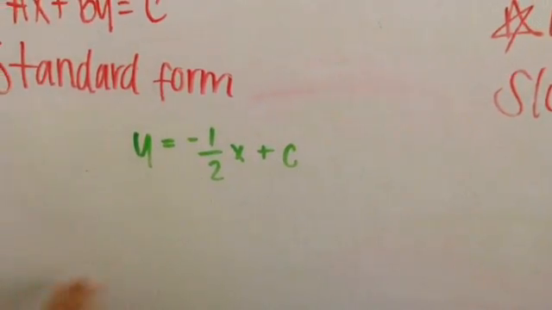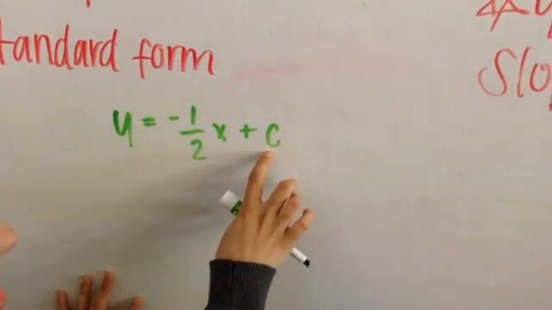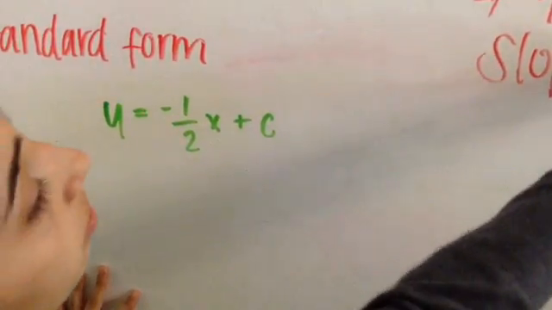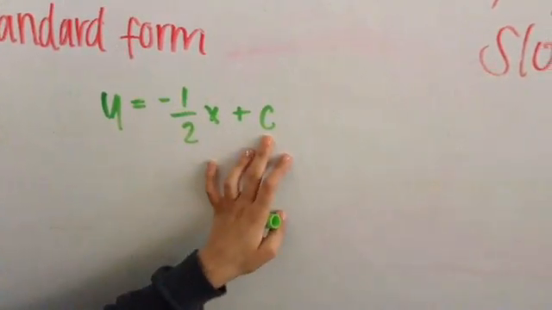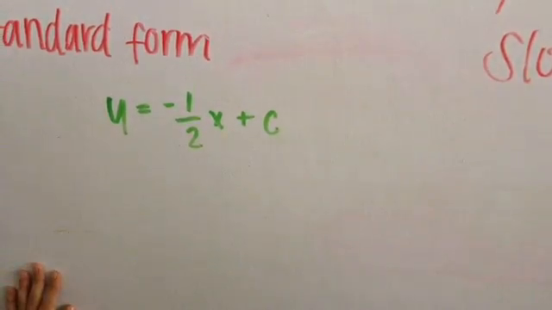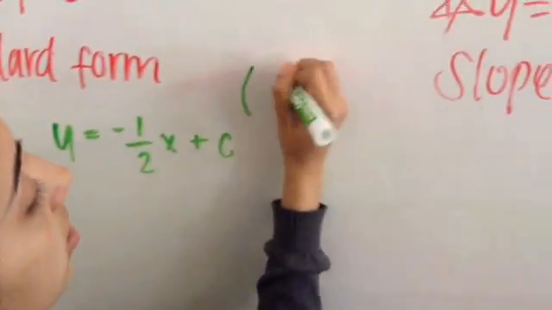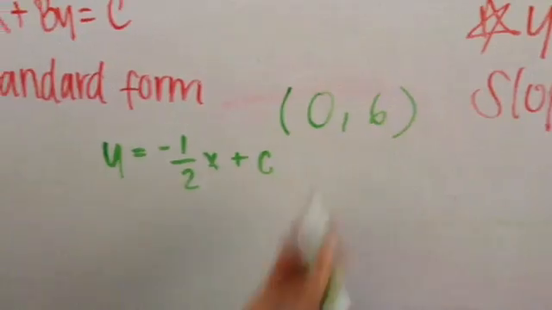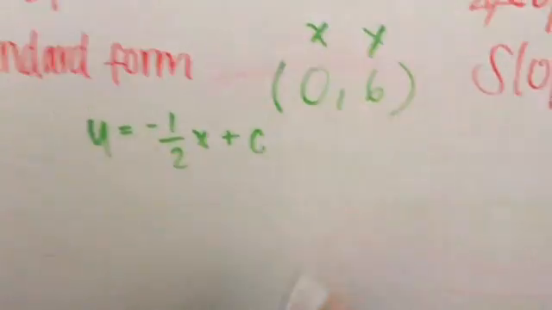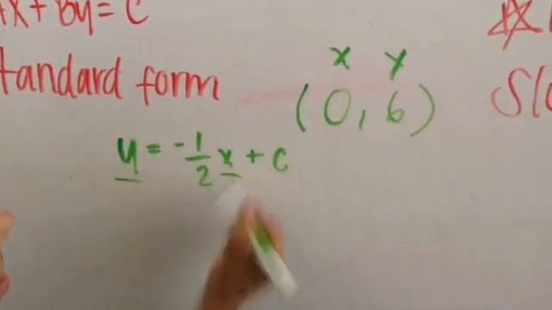Okay, so this is the final equation that we had. In order to get the c, or the y-intercept here, we would have to plug in coordinates to be able to find the value. So for example, we can use the coordinates 0, 6. Basically, this would be x and y, and they would have to be plugged into these numbers.